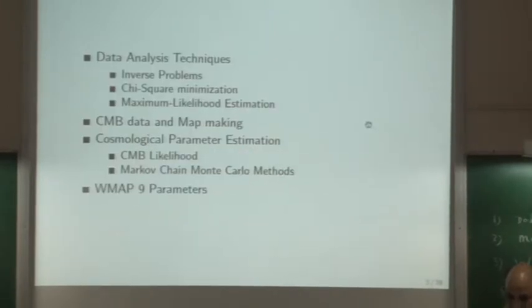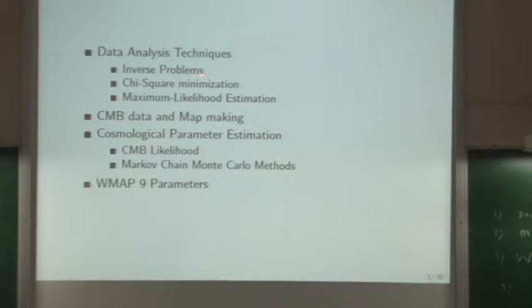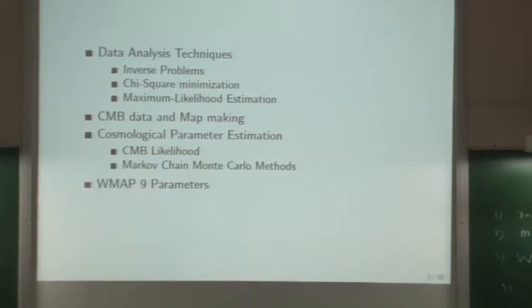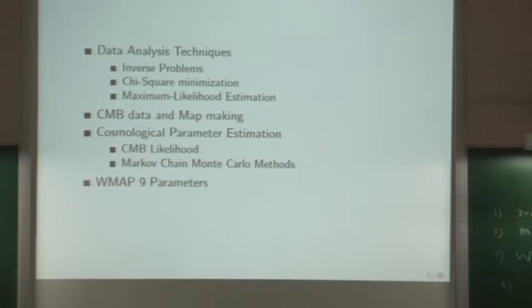Some of these things I have already explained to you yesterday, that there are forward problems and there are inverse problems. An inverse problem is essentially recovering the signal from the data, or estimating the parameters of the theoretical model which you have, or it may be deconvolution also.